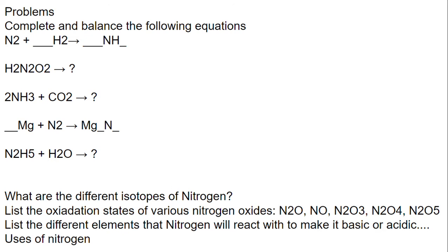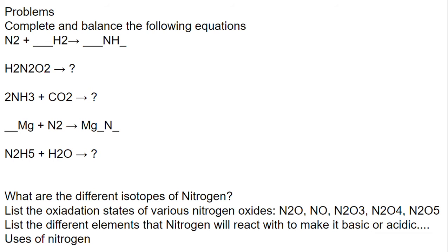Some of the problems and their solutions are given in the following sheets. The problem related to nitrogen: here we have the balancing of completing the reaction, and the further completed reactions are given in the next sheet. What are the different isotopes of nitrogen?